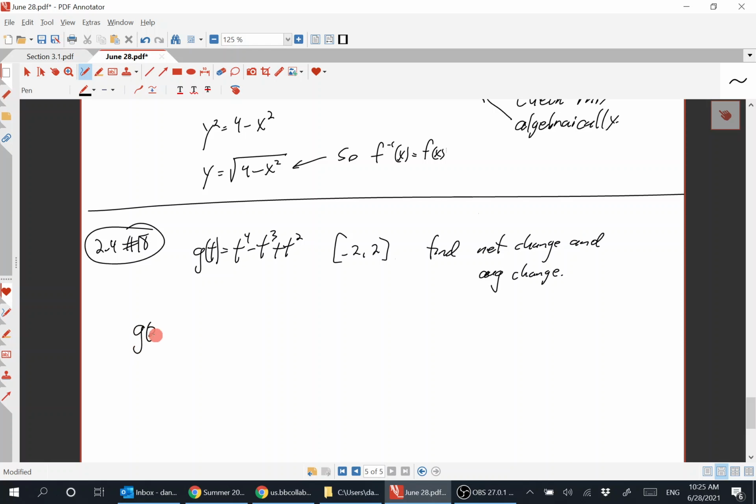So the net change is g of 2 minus g of negative 2. g of 2 is 2 to the fourth minus 2 to the third plus 2 squared, minus g of negative 2, which is negative 2 to the fourth minus negative 2 to the third plus negative 2 squared.